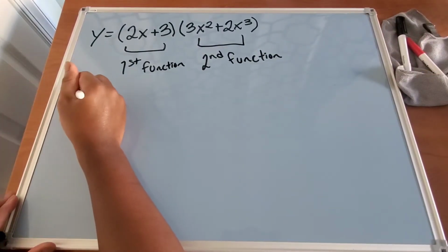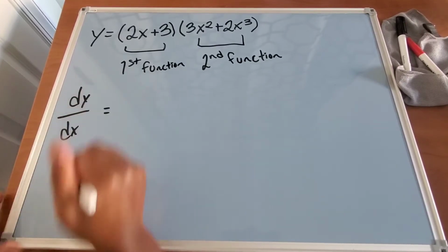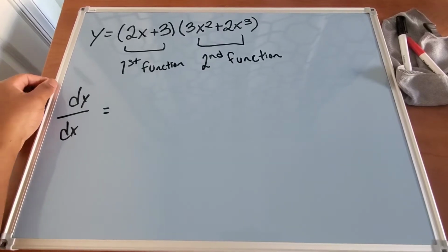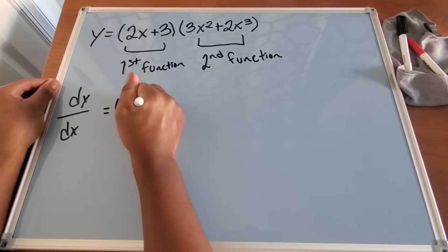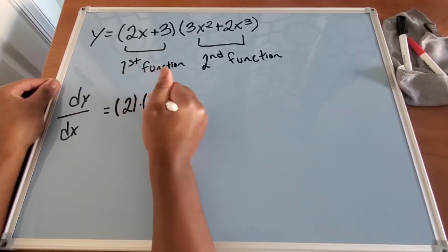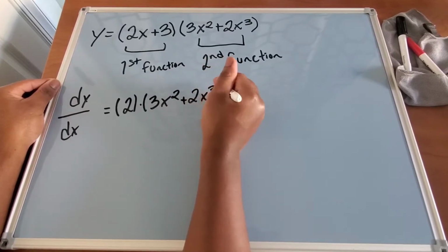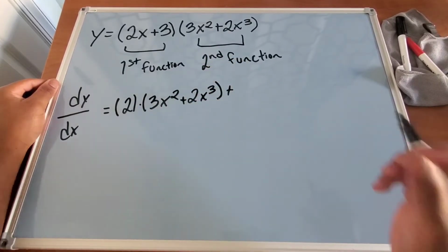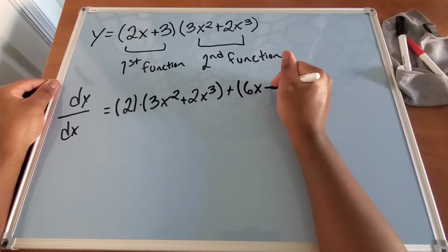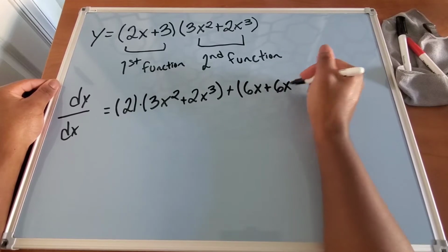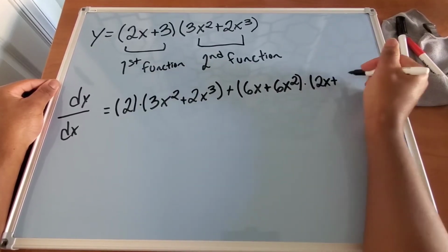So we can just say that the derivative of y with respect to x is equal to the derivative of the first function, which is 2. The derivative of a constant is 0, so it's 2 times the second function, 3x squared plus 2x cubed, plus the derivative of the second function, which is 6x plus 6x squared, times the first function, which is 2x plus 3.